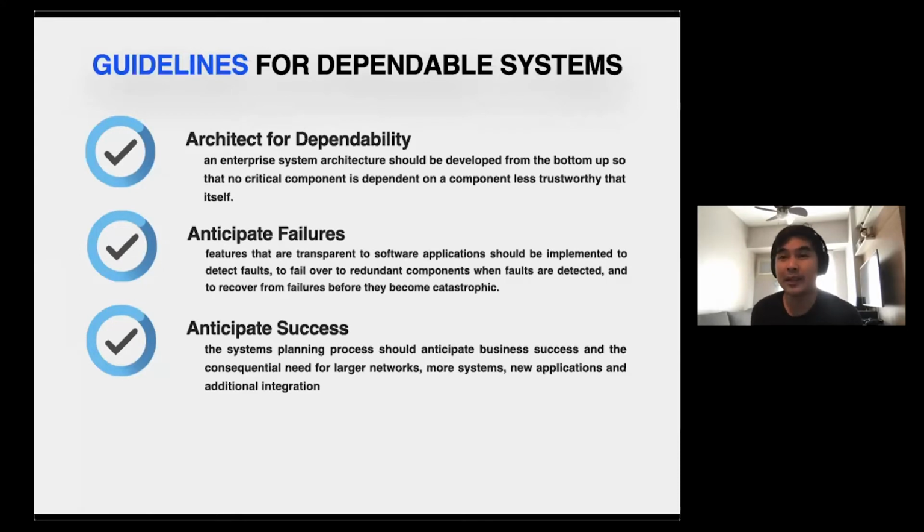Okay, number two, anticipate failures. So ito yung tinatawag nating troubleshooting. If there are problems in a software or a system or a database, kailangan meron siyang features on how to troubleshoot or anticipate failure. And I think this is very much embedded in most of the software and programs that we are using.